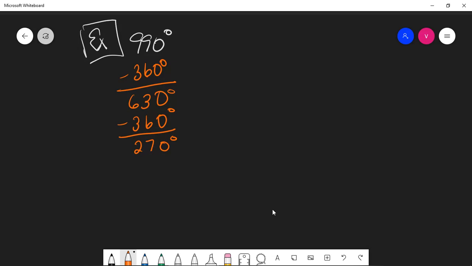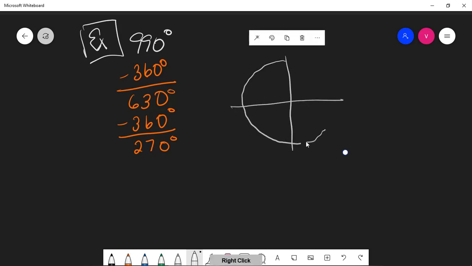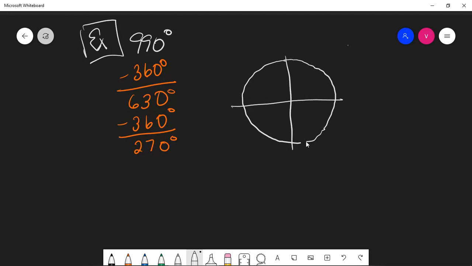So this is, if I draw the circle, try to draw it nicely. Okay, so 0 degrees always is here, always, always, always. That's the Y and the X there. So we have our initial side always starting here.